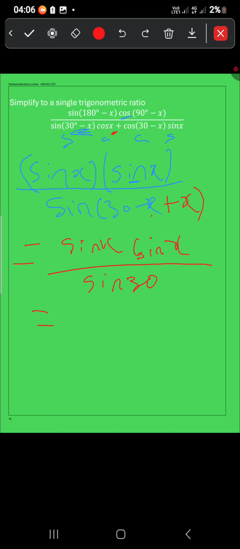Then sine multiplied by sine is going to be sine squared x over 1 over 2. And anything divided by 1 over 2 is like you're multiplying it by 2. Sine squared x.